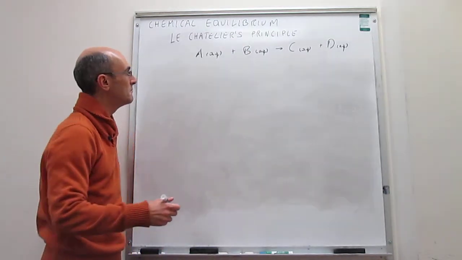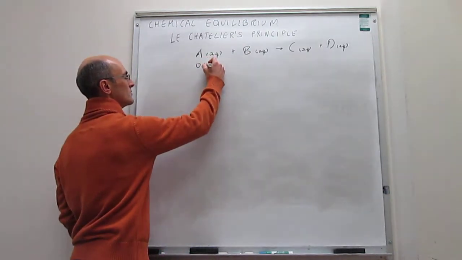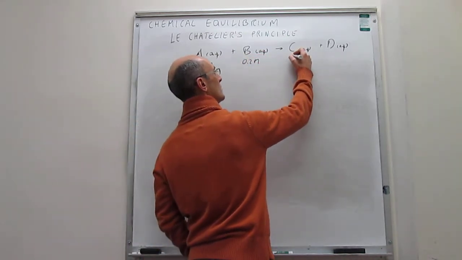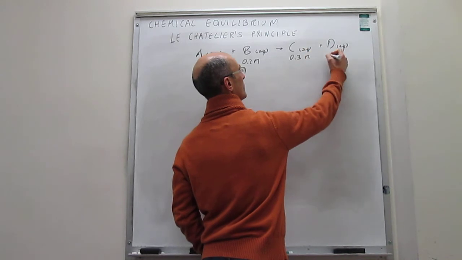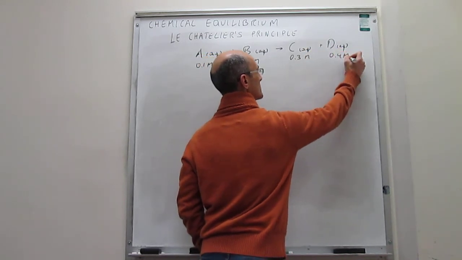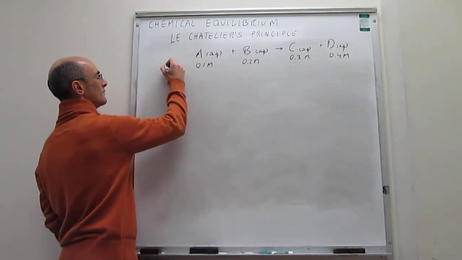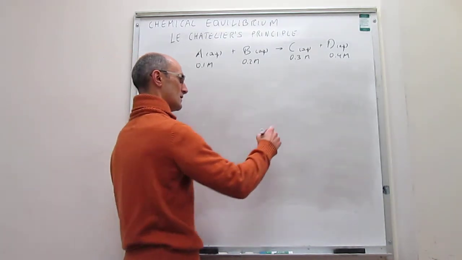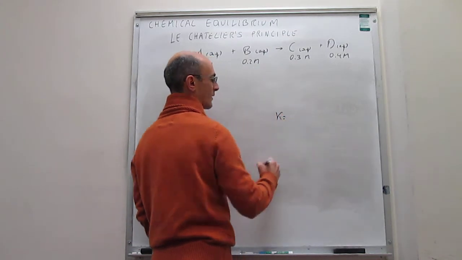Let's assume that the concentrations of each one of the species at equilibrium are 0.1, 0.2, 0.3, and 0.4 molar. So this is already at equilibrium. The first thing we can do is calculate the equilibrium constant, because those are the concentrations at equilibrium.